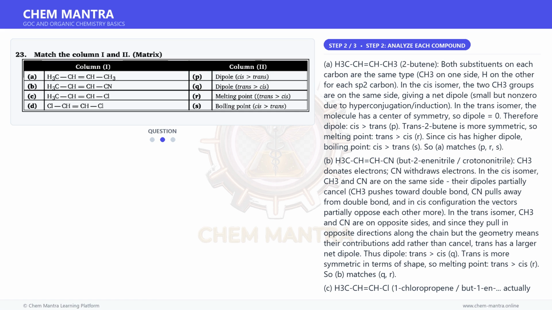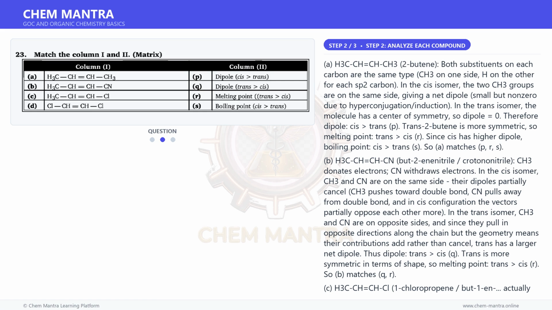D: ClCH=CHCl, 1,2-dichloroethene. Both substituents are identical, Cl. In the cis isomer, both Cl atoms are on the same side, so their dipoles add up, giving a large net dipole. In the trans isomer, the molecule has a center of symmetry, so dipole equals 0.